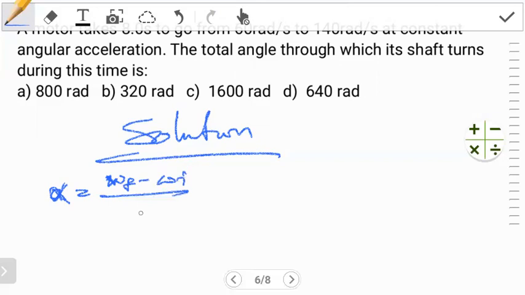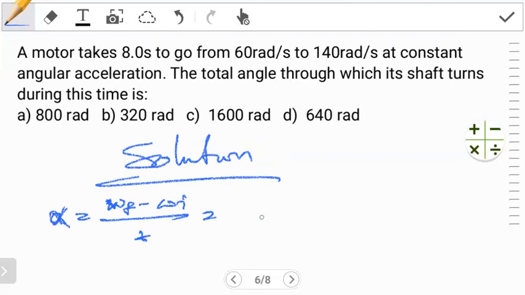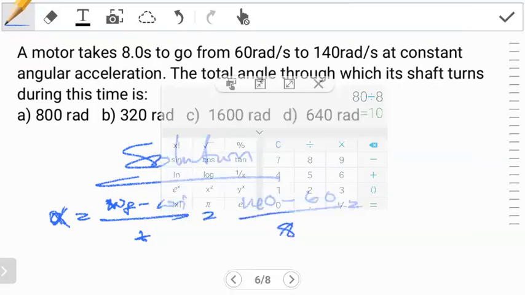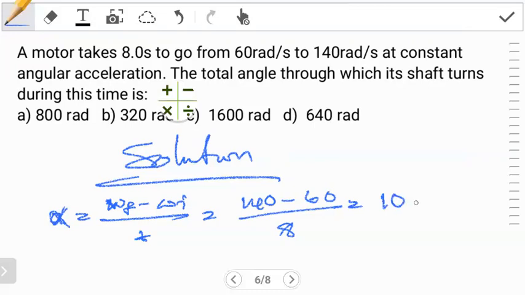The final velocity is given as 140, minus the initial velocity of 60, over the time, which is 8 seconds. If we work this out, 140 minus 60 divided by 8, you get 10. So the angular acceleration is 10 rad per second squared.